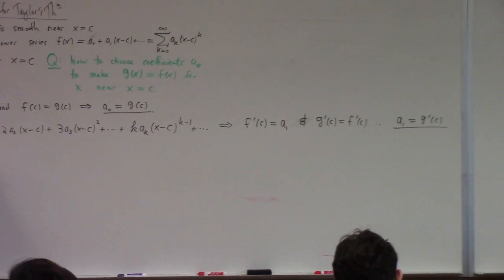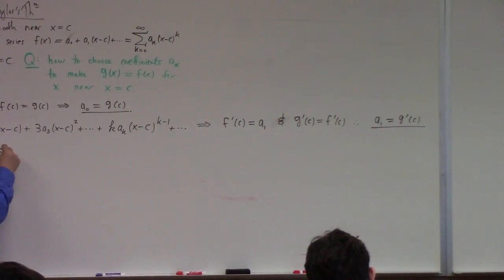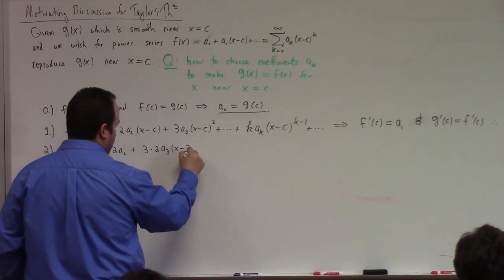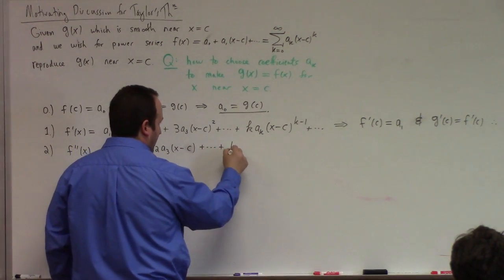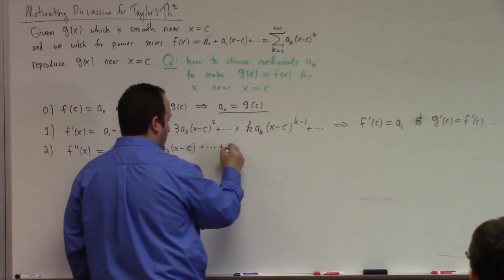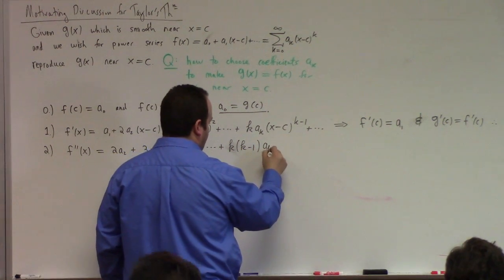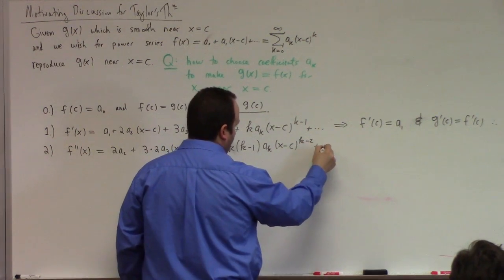Yeah, keep continuing this, exactly. f double prime of x is what? 2a2 plus 3 times 2 a3 times x minus c, plus dot dot dot, plus k times k minus 1 times a sub k times x minus c to the k minus 2 power, right?